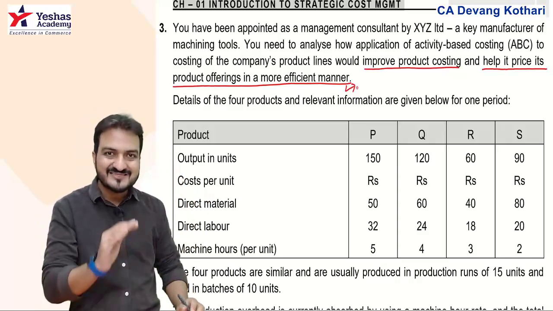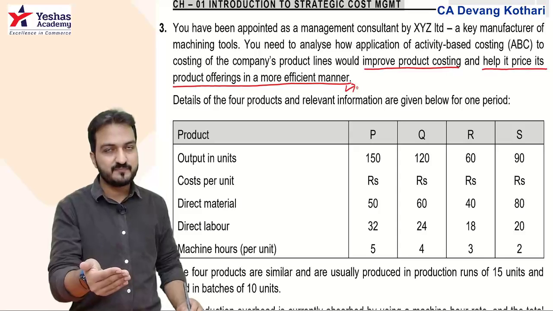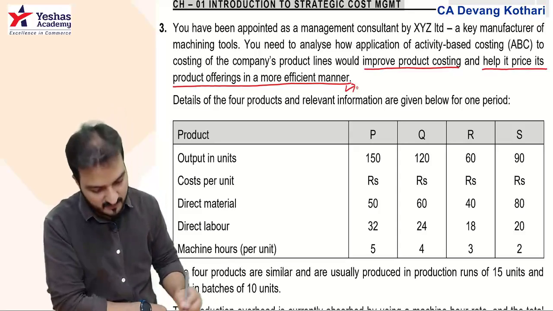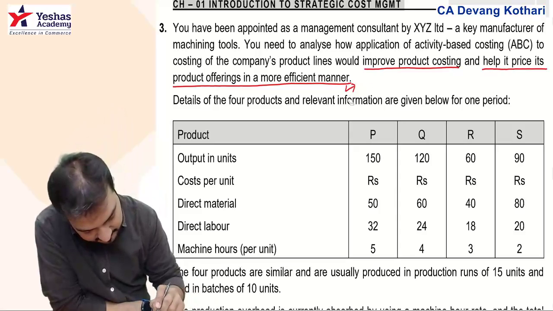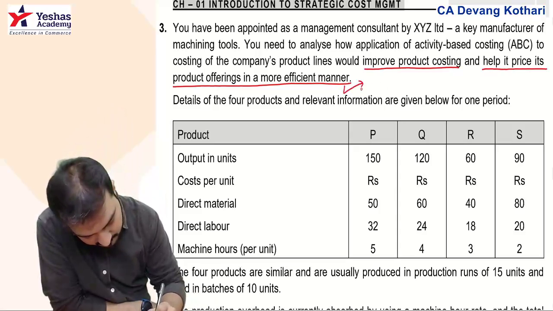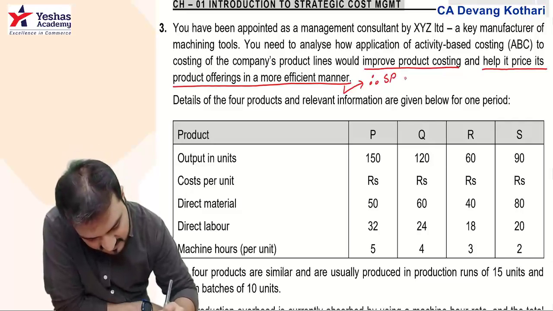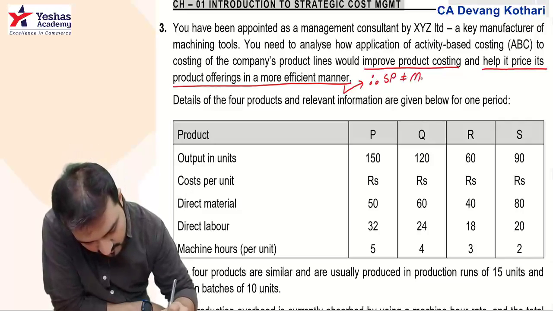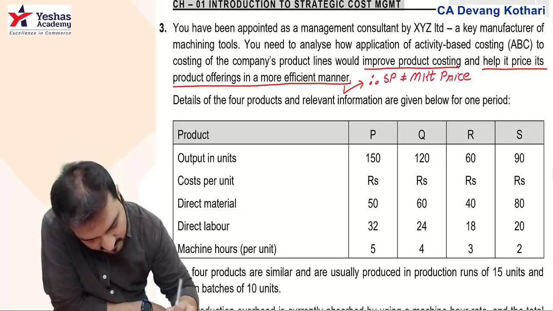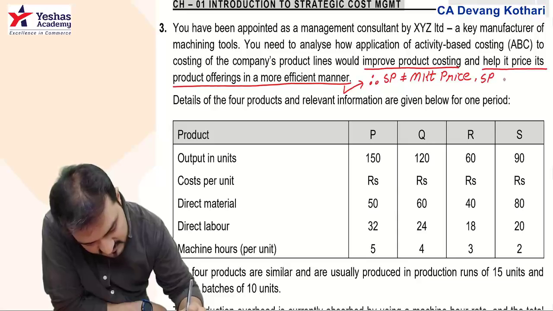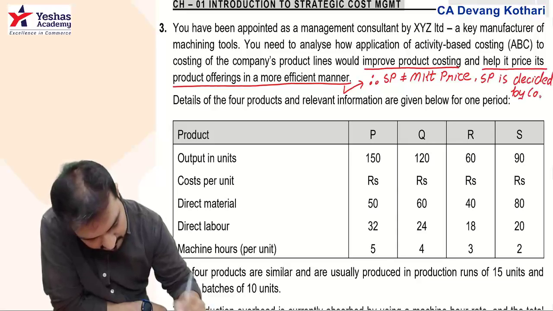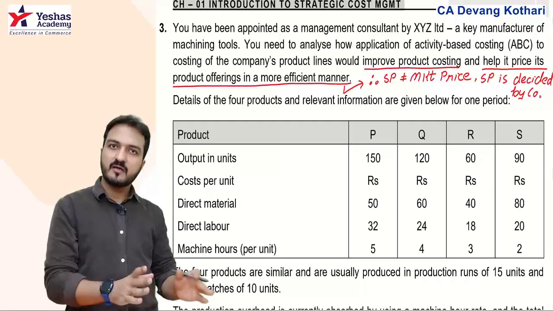Rather, this company is deciding its own selling price. Based on this sentence, I can say that in this company, therefore, selling price is not equal to the market price. Rather, selling price is decided by my company itself.